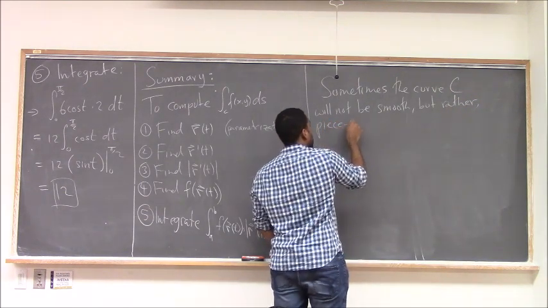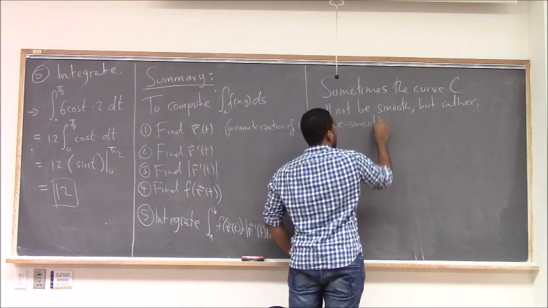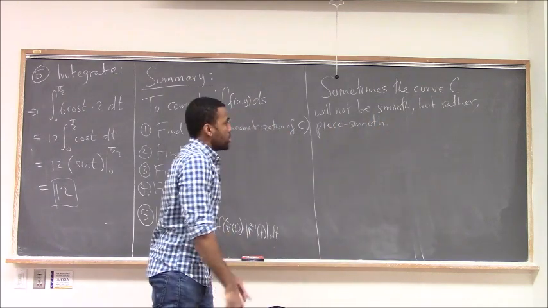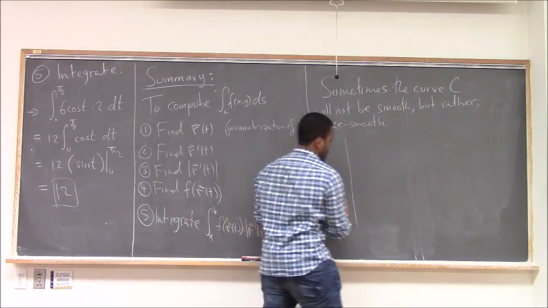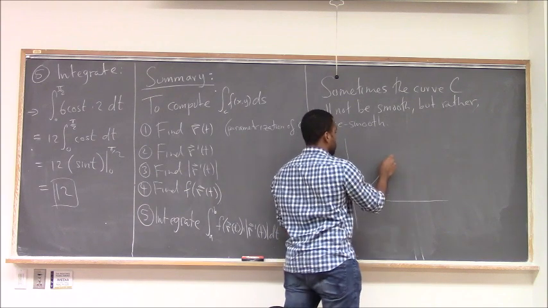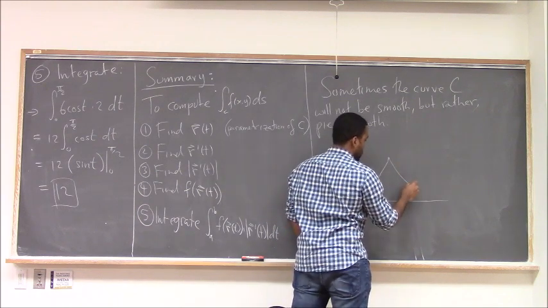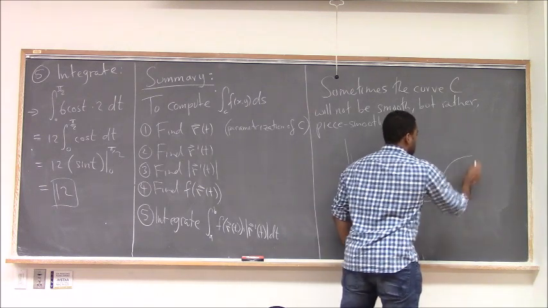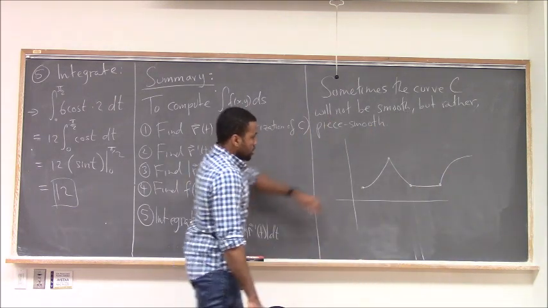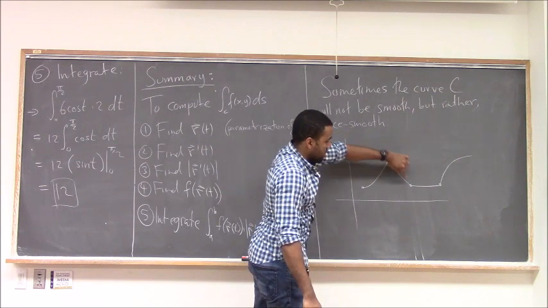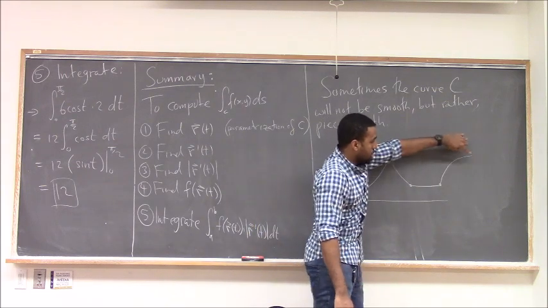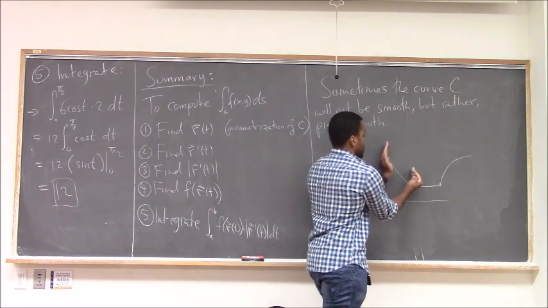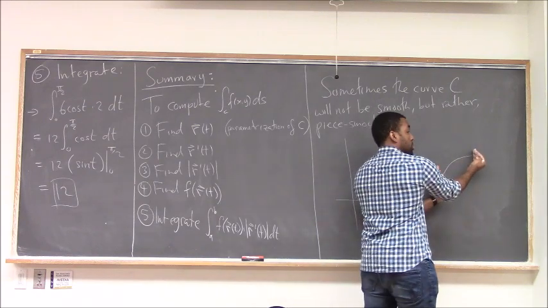This means, for example, your curve can have sharp corners and rapid changes of direction, and right at these points calculus can't really work, but if you break this up into pieces, calculus can work on each piece.